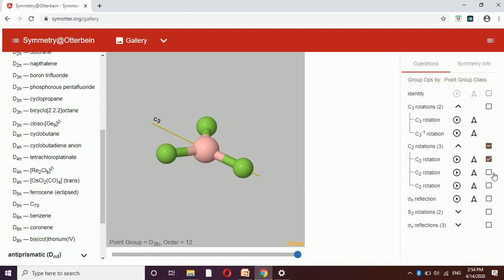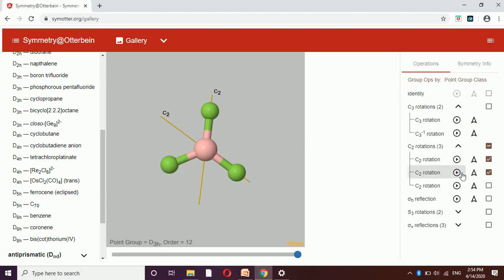Again you can take another C2 axis which is passing through a boron and another fluorine atom, and you display. You see that when you rotate the molecule through the axis taken here, you get a new image that is also indistinguishable from the initial one.